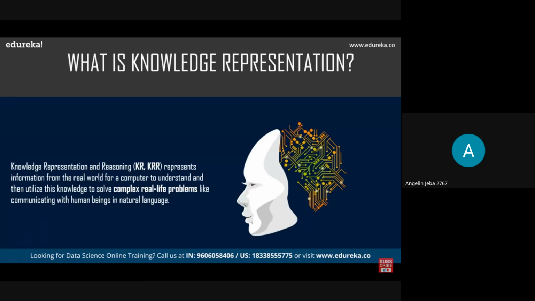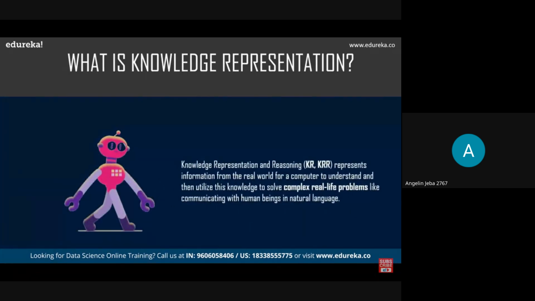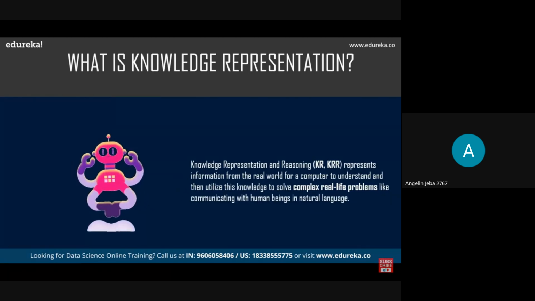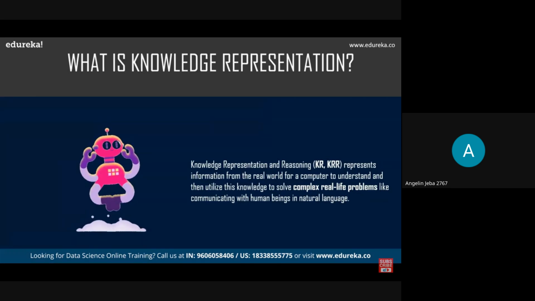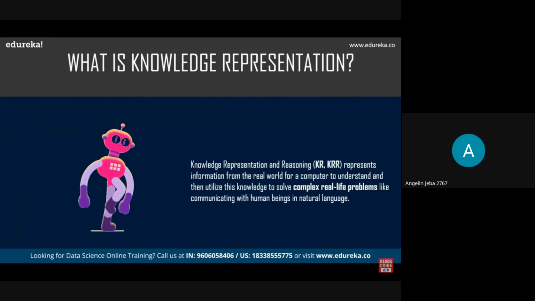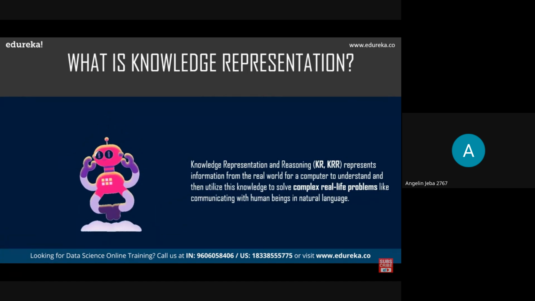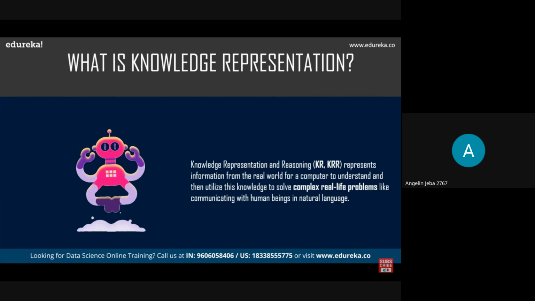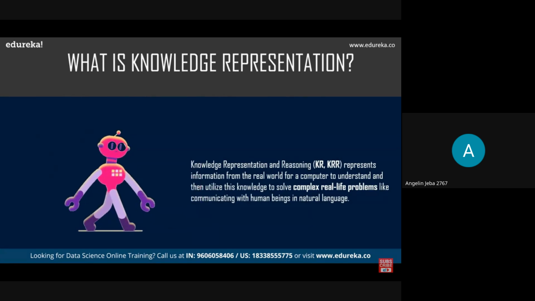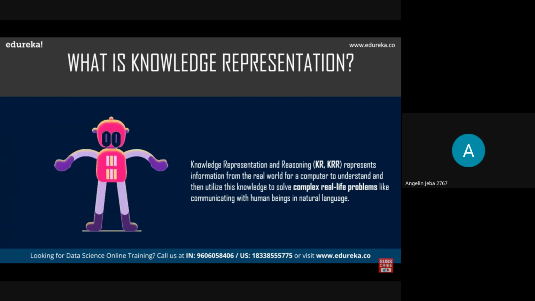Knowledge representation and reasoning, also known as KR or KRR, represents information from the real world for a computer to understand and then utilize this knowledge to solve complex real life problems, like communicating with human beings in natural language. Now, knowledge representation in AI is not just about storing data in a database. It allows a machine to learn from that knowledge and behave intelligently like a human being.